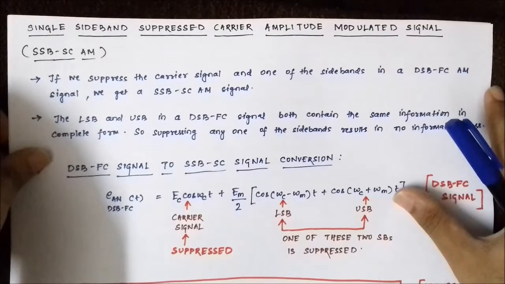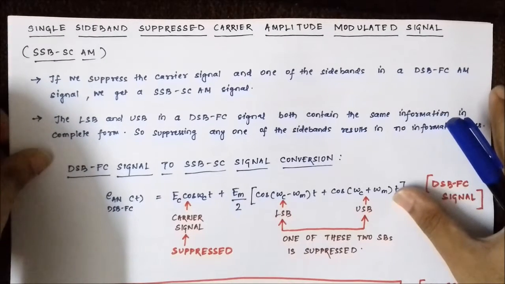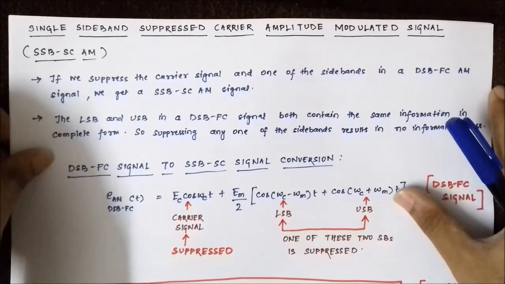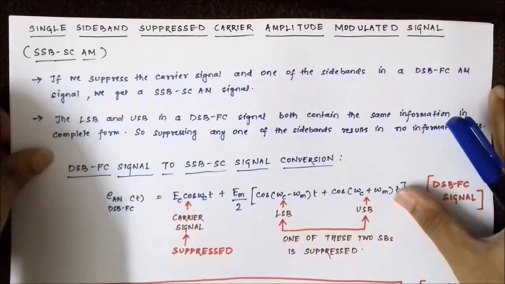Now in my previous few videos I discussed the concept of generation and demodulation of a double sideband full carrier amplitude modulated signal. I also discussed double sideband suppressed carrier amplitude modulated signal.